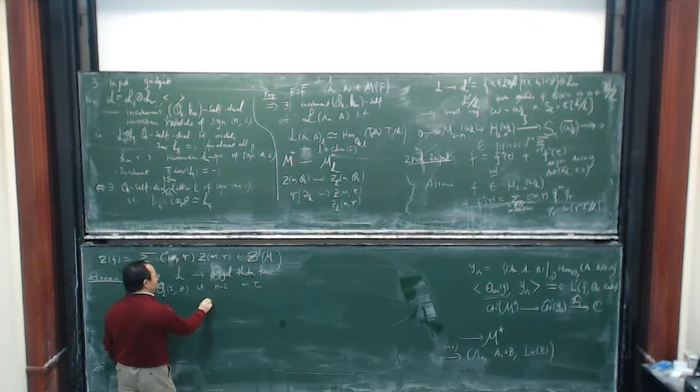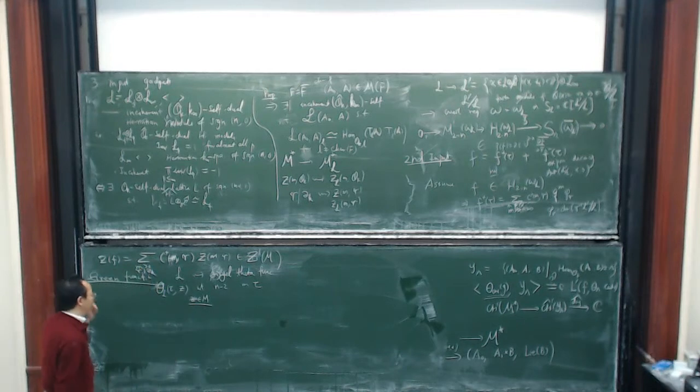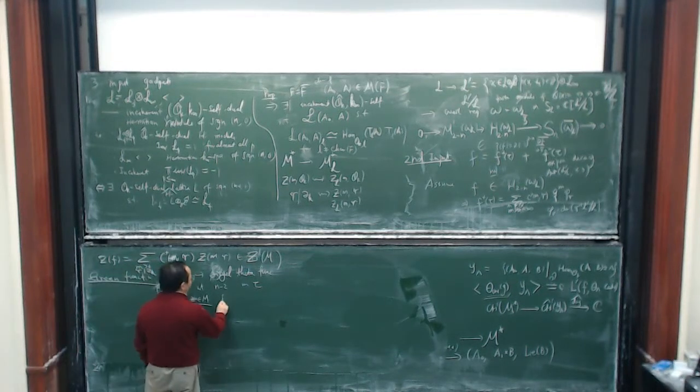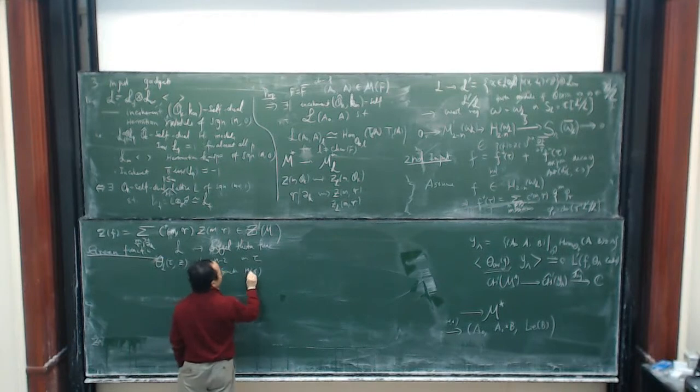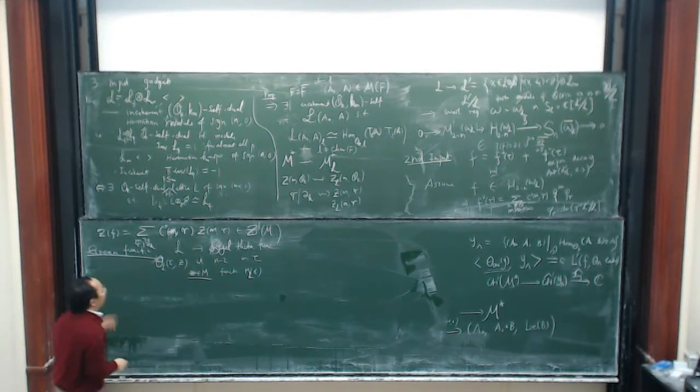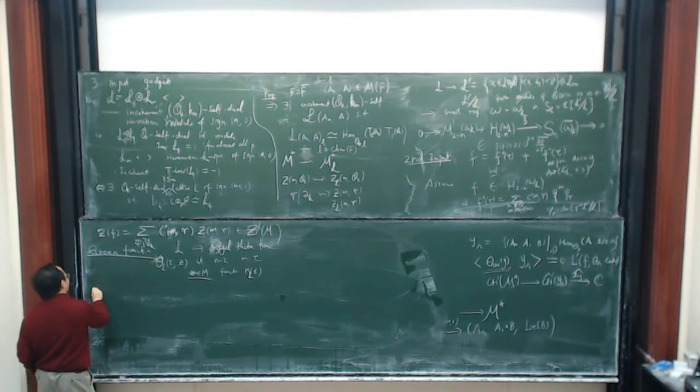On Z, Z is on the M. It is on M. And it's just a function on MC. Again, the M really means this guy here. Okay? So again, you can do regular theta lifting.